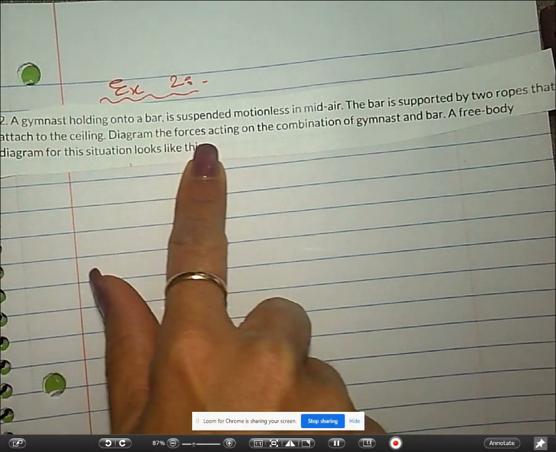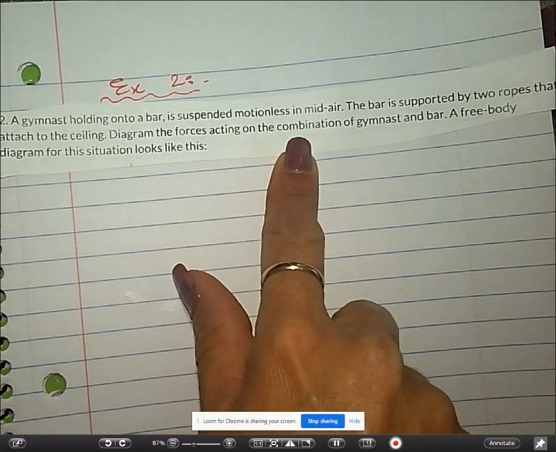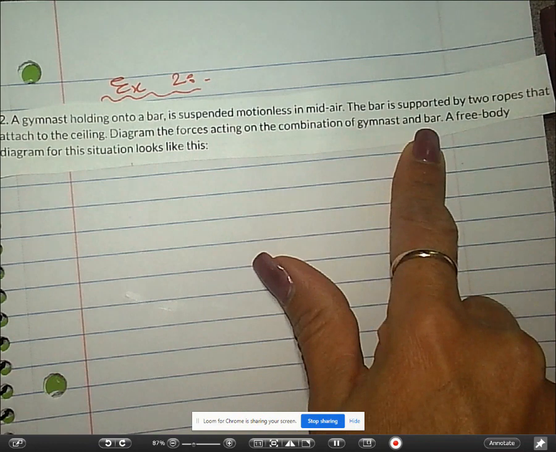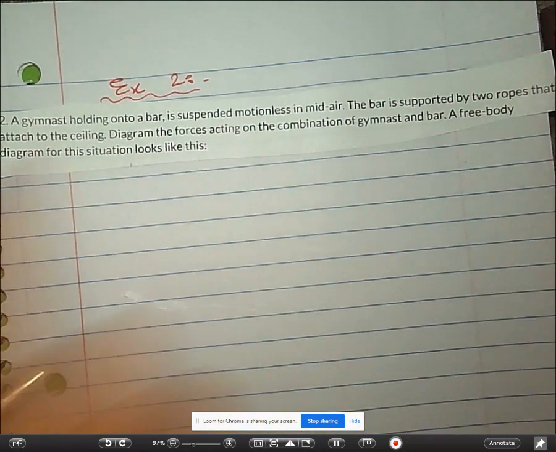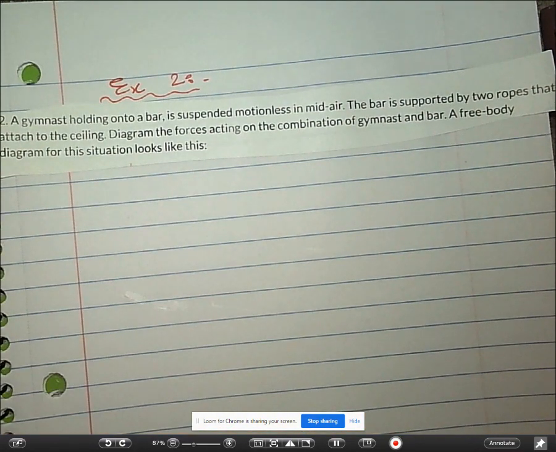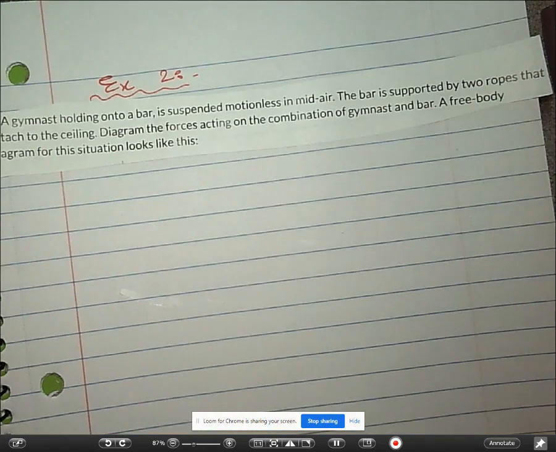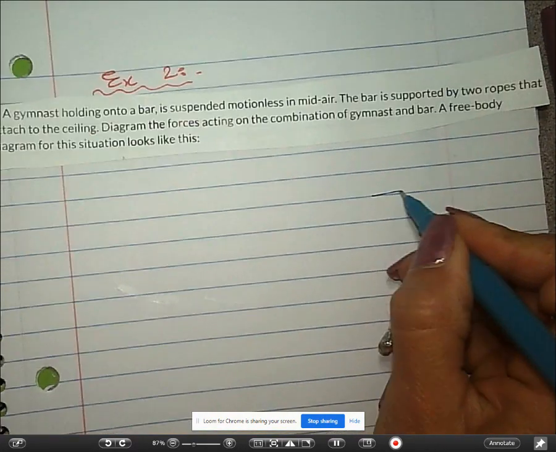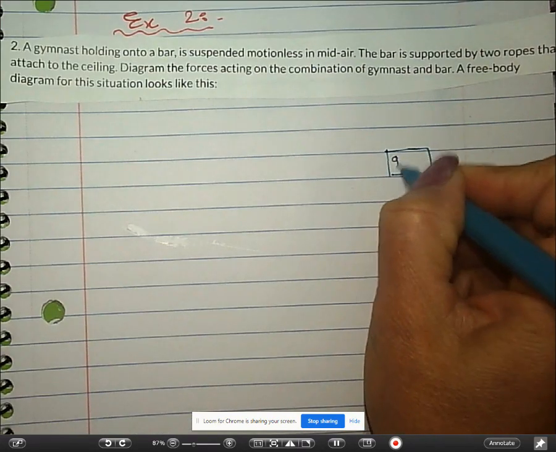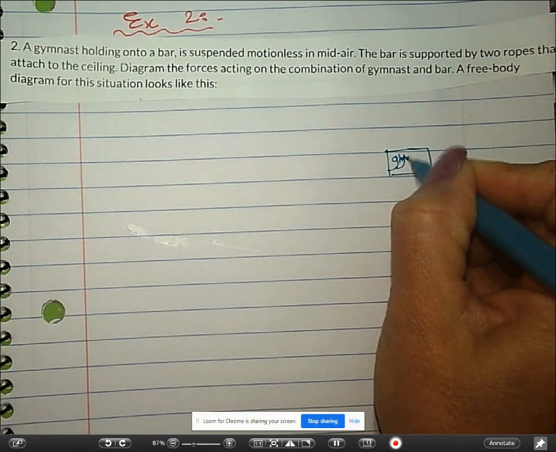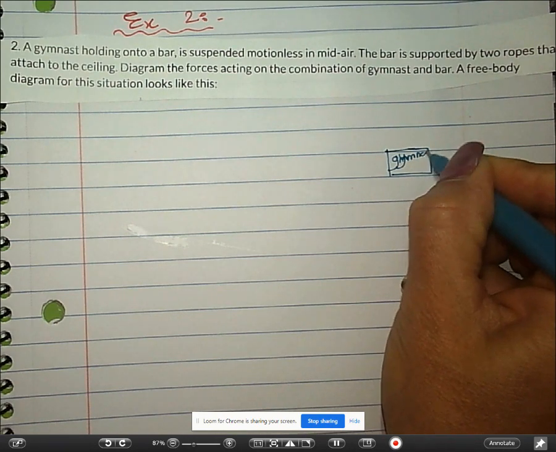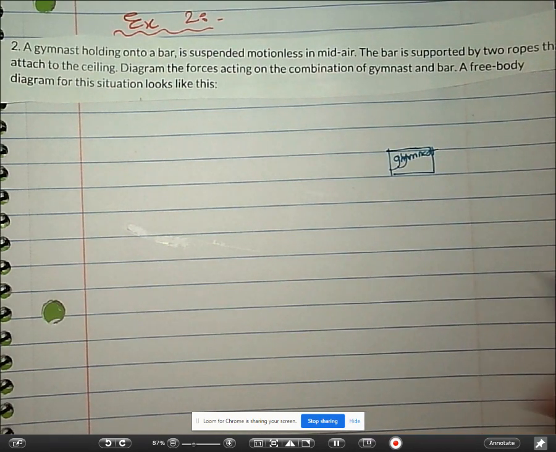Diagram the forces acting on the combination of gymnast and bar. A free body diagram for the situation will look like this. So what do I have? I have the girl, or the gymnast. She's holding onto a bar.